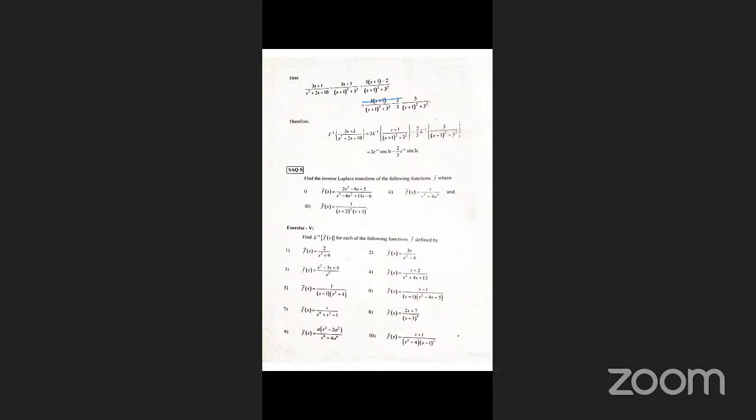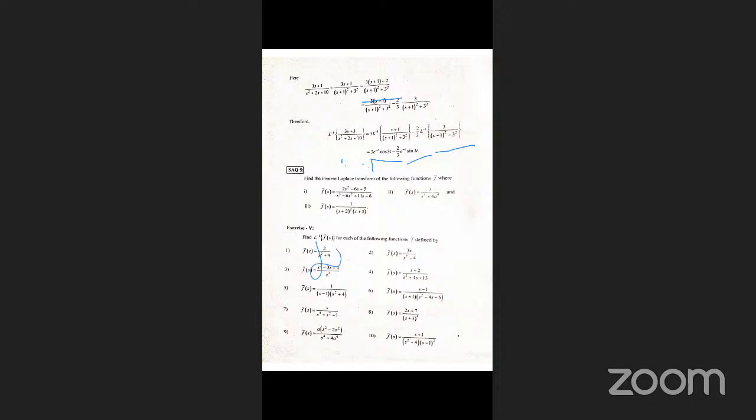See, the inverse of (3s plus 1) by (s square minus 2s), that we can write as 3, the constant outside, (s plus 1) by (s plus 1) whole square plus 3 square, that we are writing 3 of e power of minus t cos 3t. And in the same way here also, inverse of 3 by (s plus 1) whole square plus 3 square, we can write e power of minus t sin 3t.